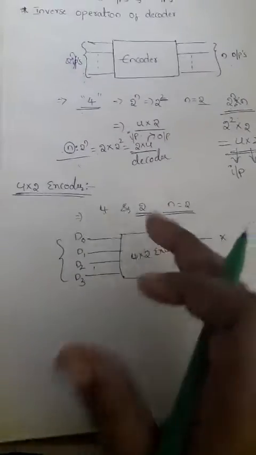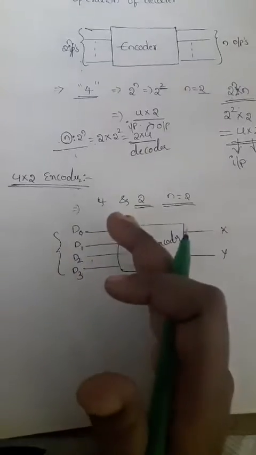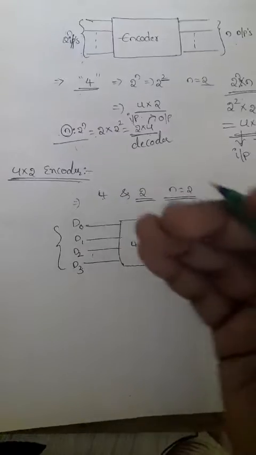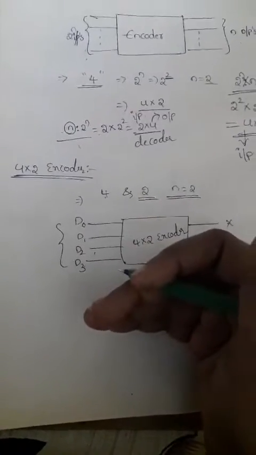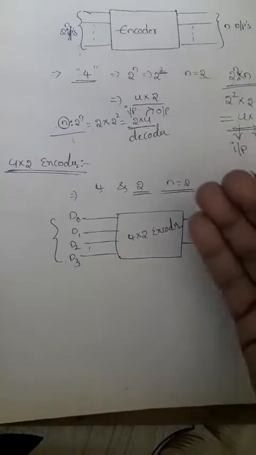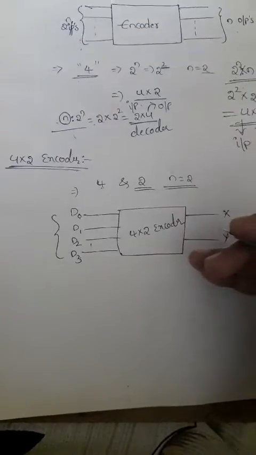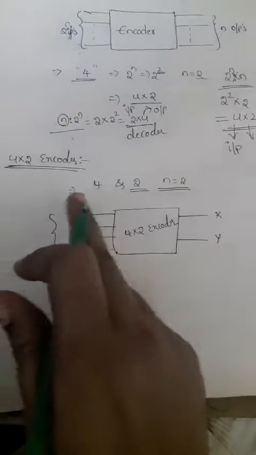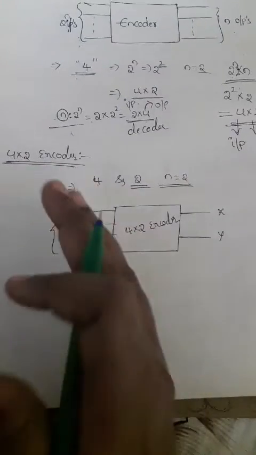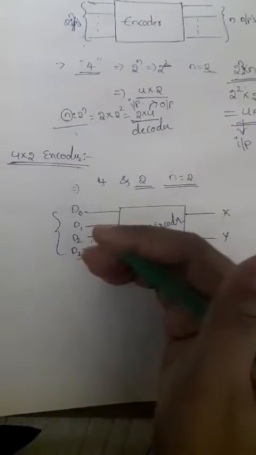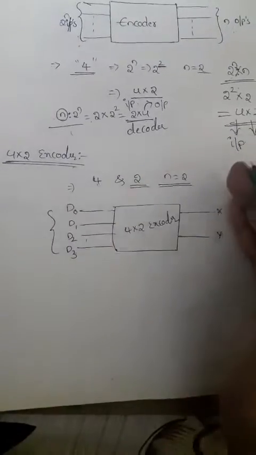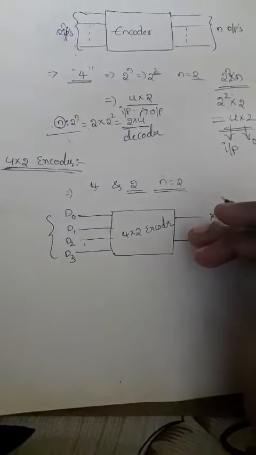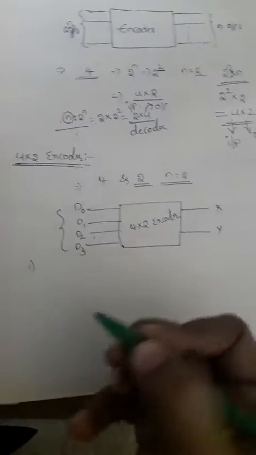Okay, so if you want to design any combinational logic circuit, then compulsorily we need to follow the design procedure steps, right? So what are the design steps? First of all, we observe the statement. After that we need to consider the input lines and output lines. After we get the input lines and output lines, then we choose the truth table.